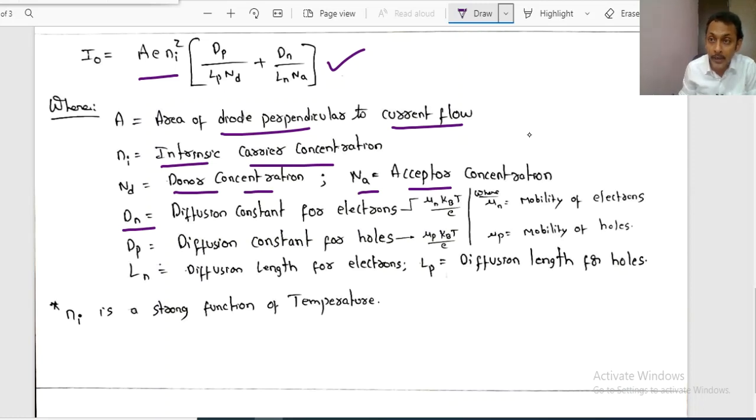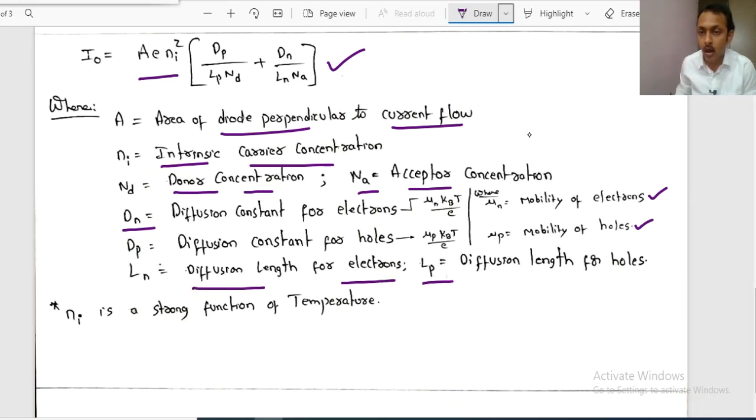Again, mu n indicates the mobility of the electrons. Dp indicates the diffusion coefficient for holes, and its value is given by mu p kBT by e. Again, mu p indicates the mobility of holes. Ln indicates the diffusion length for electrons.